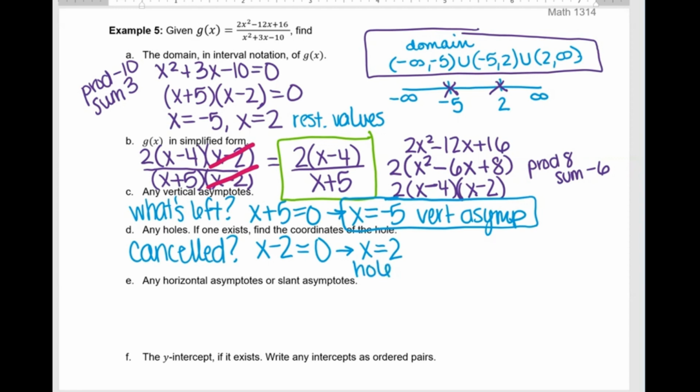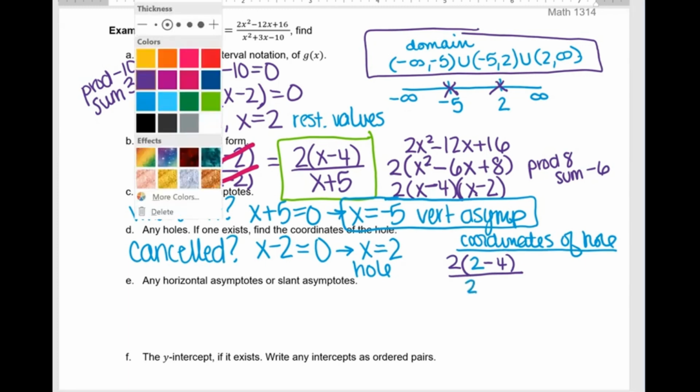But they want the coordinates. Remember, the coordinates of the hole, we plug in into the simplified form. So we're going to have 2 times, plugging in 2 for the x, minus 4 all over x plus 5, we're going to have 2 plus 5.